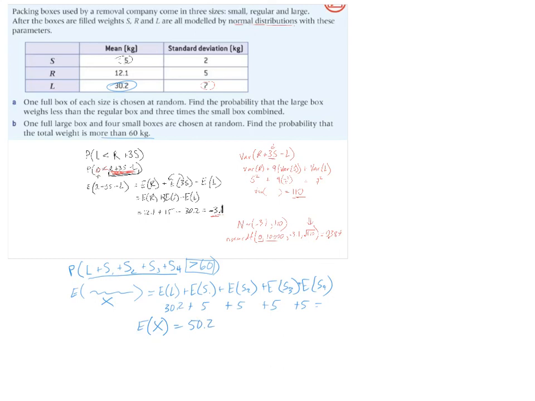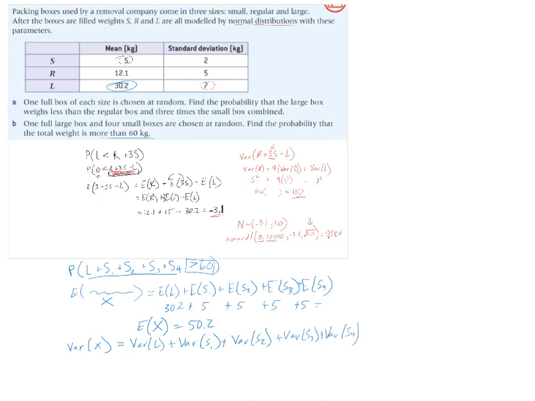And then we'll do the same thing with the variance. So the variance of all that stuff X is going to be the variance of L plus the variance of S1 plus the variance of S2, and so on and so forth, until we get all of them down there.